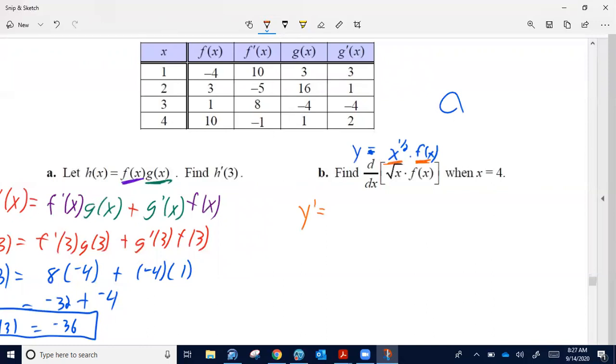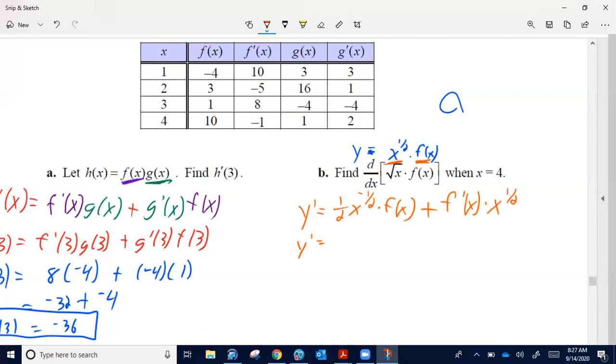Well, x to the 1/2 power, first part. 1/2 comes to the front. X, subtract, x to the -1/2 times the second part, f of x unchanged, plus f of x derivative is going to be f prime times first part unchanged. I can clean this up a little bit.